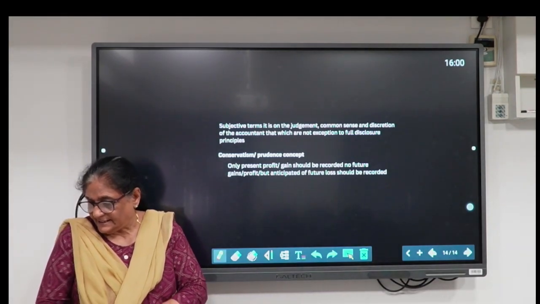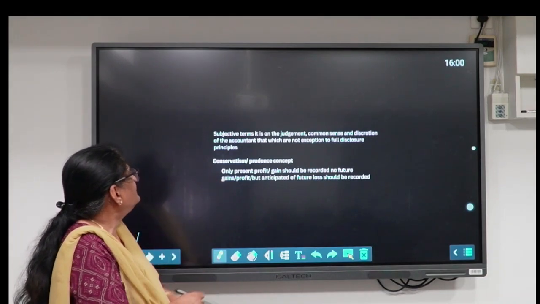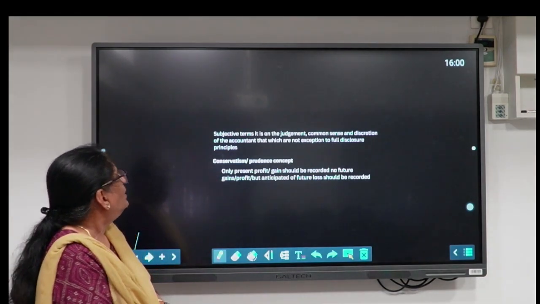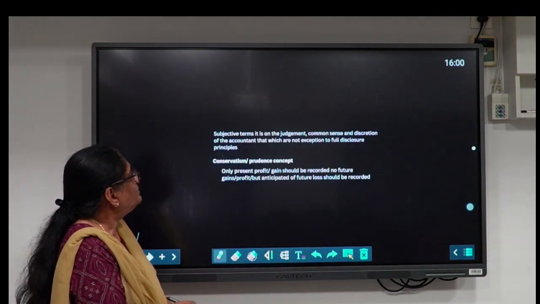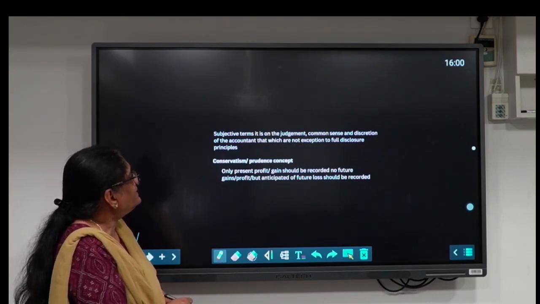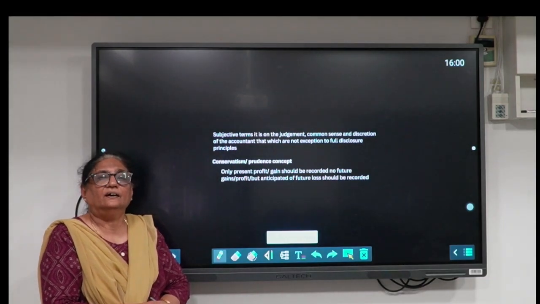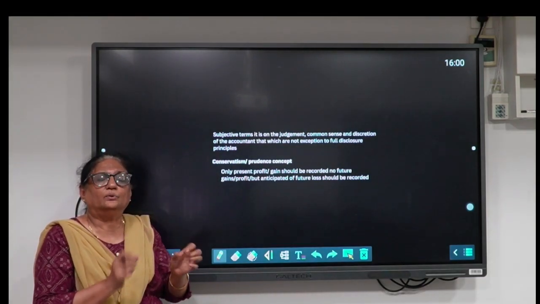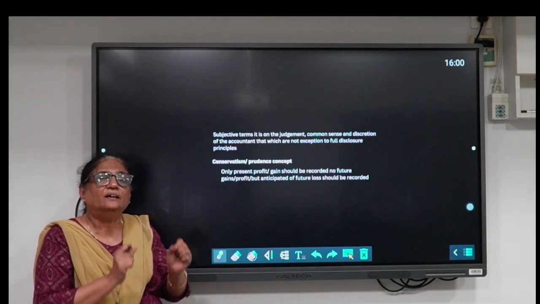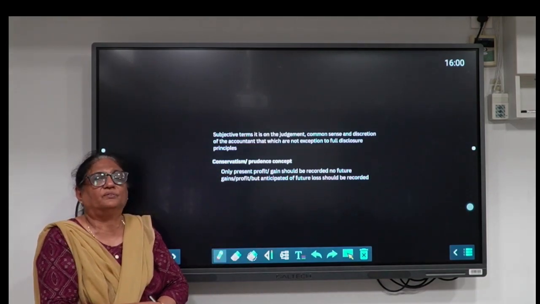Next one is the conservatism, prudence concept. Conservatism, prudence concept: only present profit and gain should be recorded, no future gain or profit, but anticipated future losses should be recorded. What they say here is, now when you are doing something, if you are getting a profit in the future, that cannot be brought into the books of account.